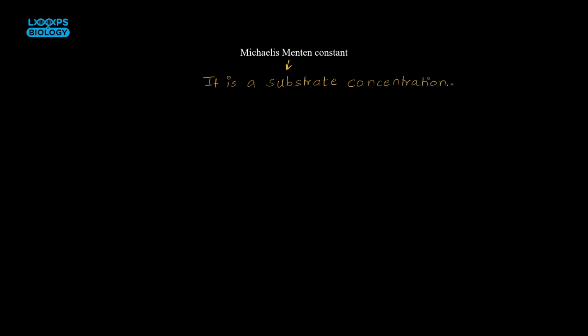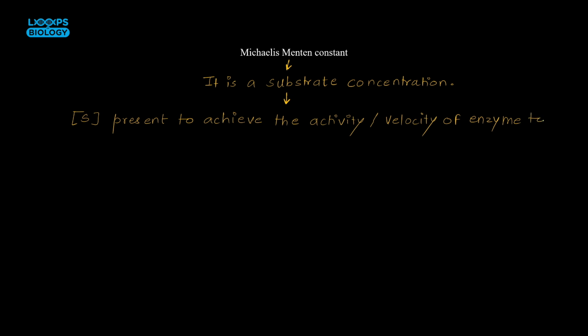Now, what is the Michaelis Menten constant going to decide? This substrate concentration is basically the concentration of substrate present to achieve the activity of enzyme, or which is called the velocity of enzyme, to half of its maximum velocity.